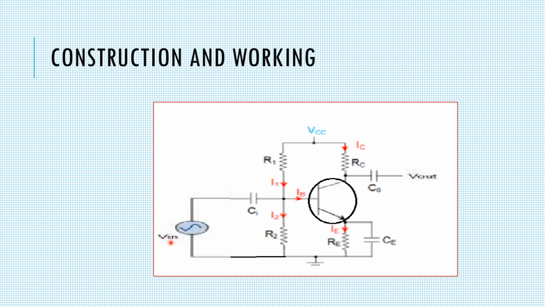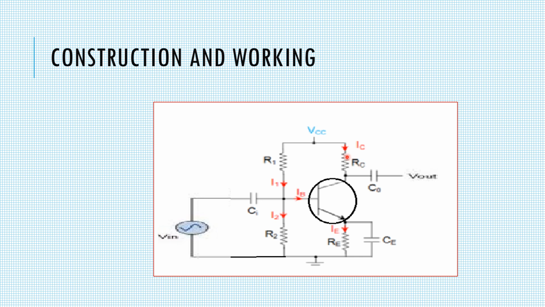When an alternating current is applied to the base of the transistor of the common emitter amplifier circuit, there is a flow of small base current. Hence, there is a large amount of current flow through the collector, which flows through this RC resistance.